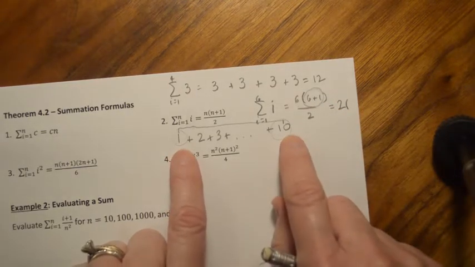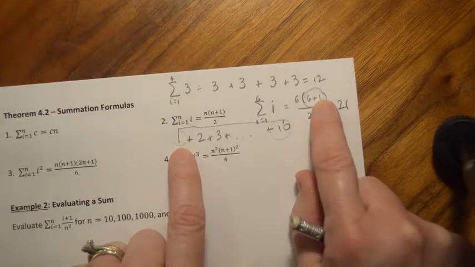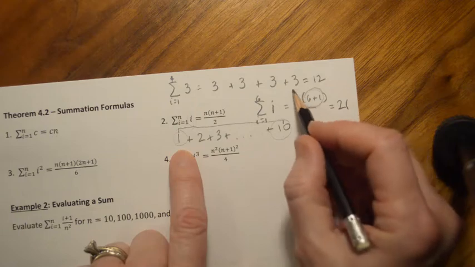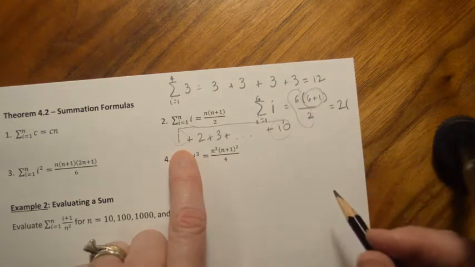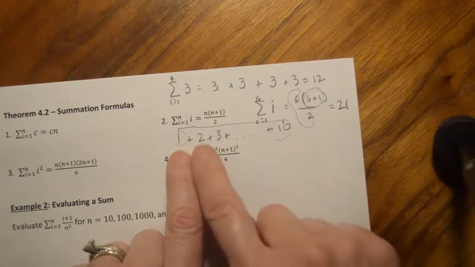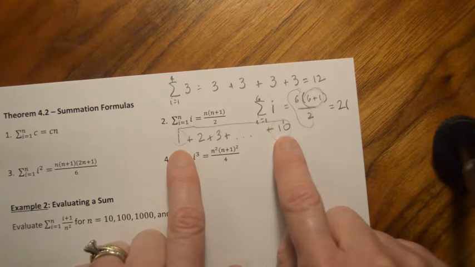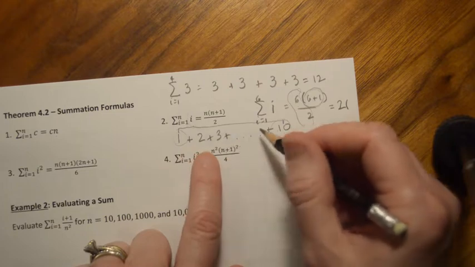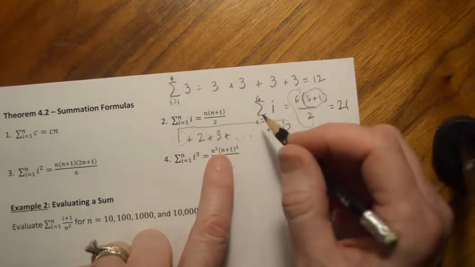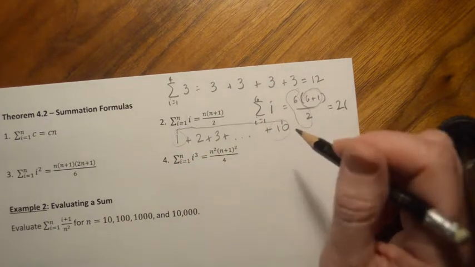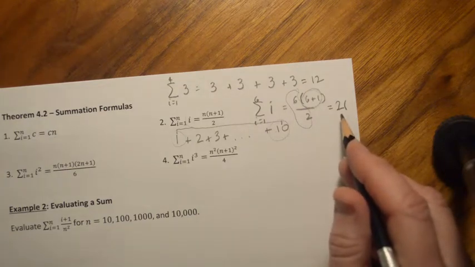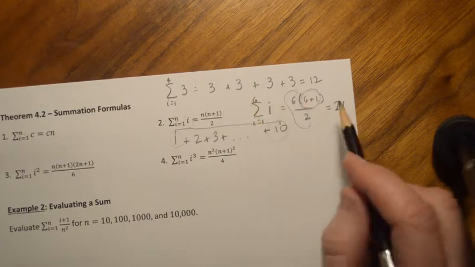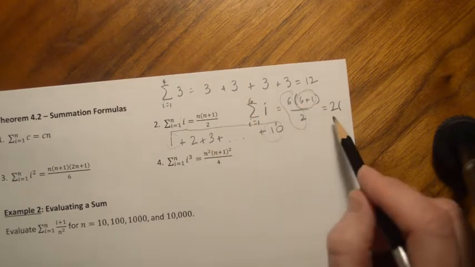And so it's making that pair, that sum, and that is what that is. And then this part right here is going to tell us how many of them we have. All right, so in this case, it would be 5 of them. 1 and 10, 2 and 9, 3 and 8, 4 and 7, and 5. All right, so we would end up with, no, that doesn't quite work that way. This is one that, it still does work. I just can't explain it as easily as I could there.